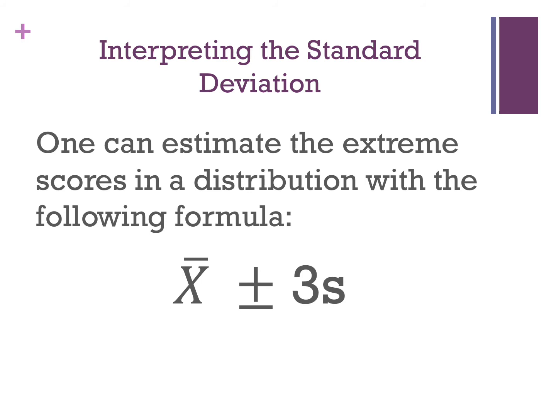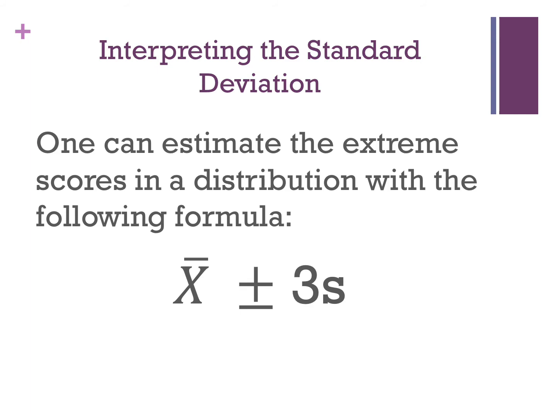We can identify where the extreme low scores are and where the extreme high scores are. The formula is the mean of x plus and minus 3 standard deviations. An extreme low score in any dataset will be 3 standard deviations below the mean, and an extreme high score will be 3 standard deviations above the mean.